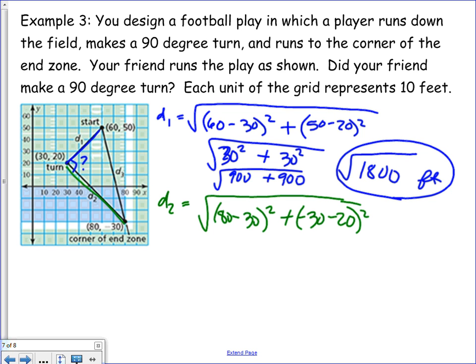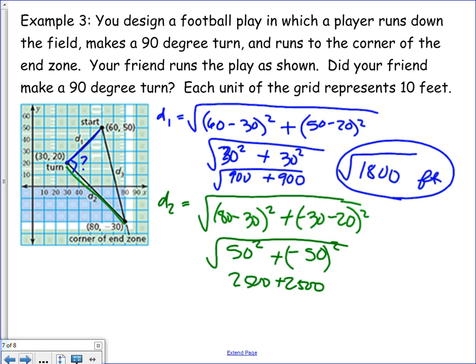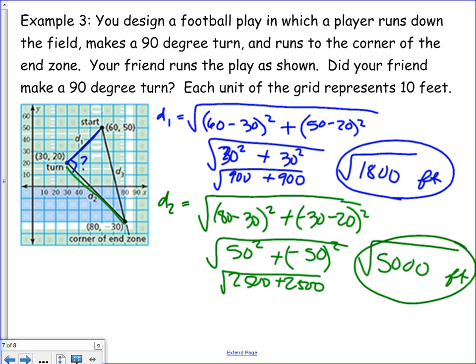And then when we do that, we're getting 50 squared plus negative 50 squared. Okay, so that's 2500 plus 2500, and the square root of that equals the square root of 5,000 feet for the distance between the second 2 points.